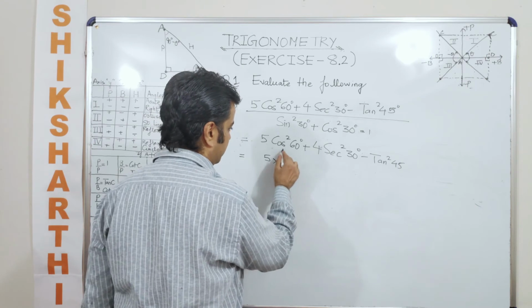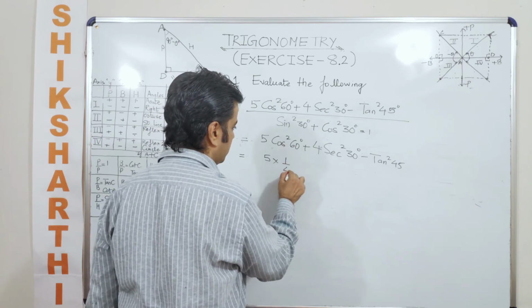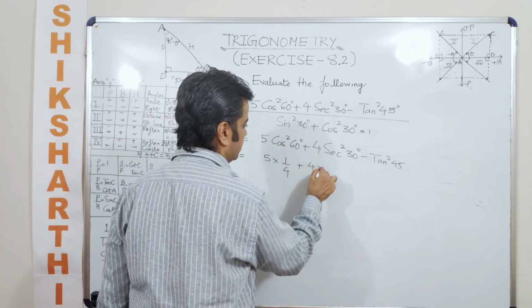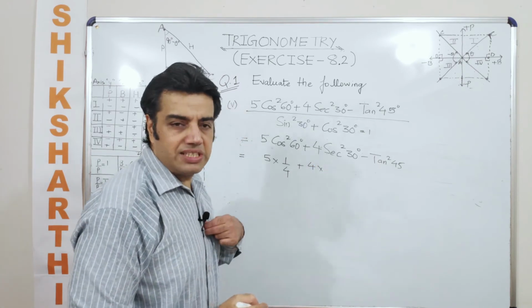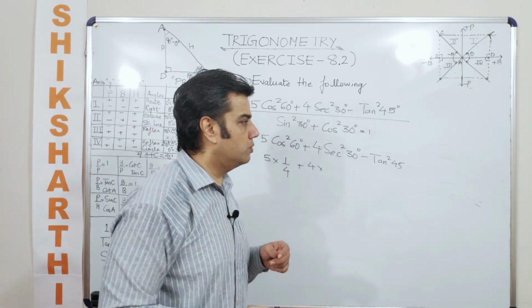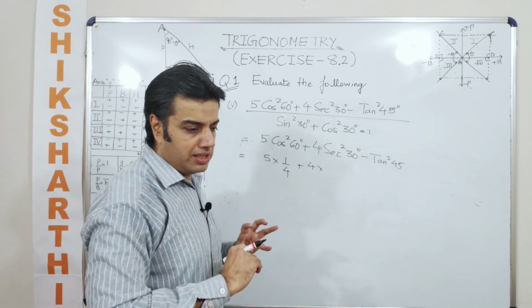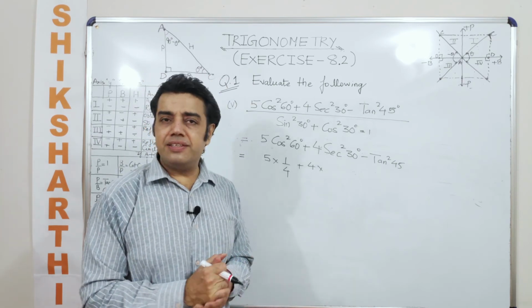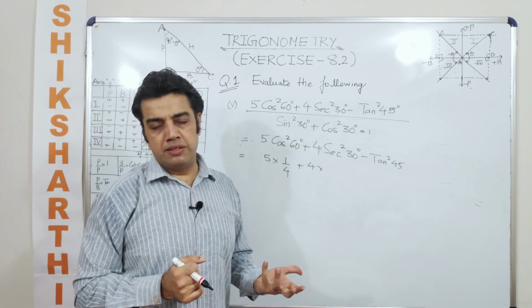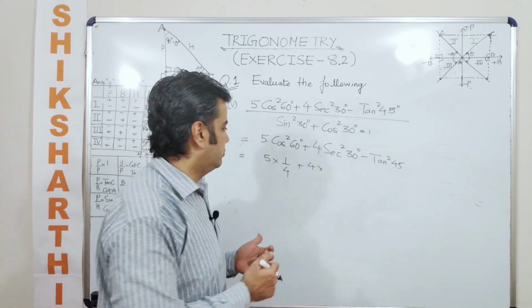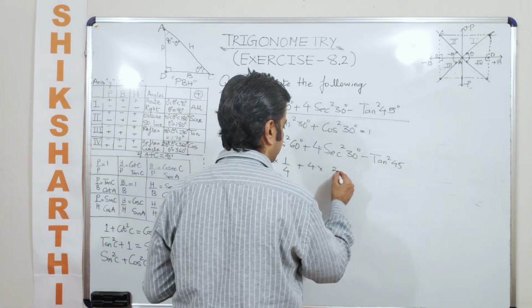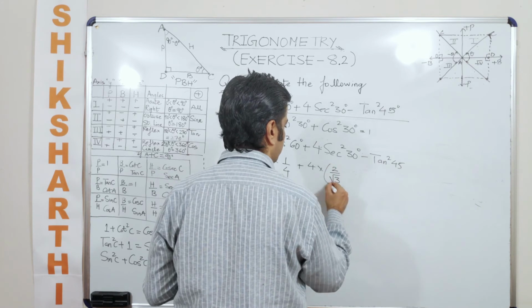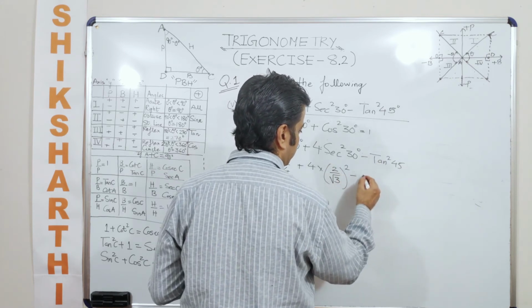Cos 60 is half, so half whole square becomes 1 by 4. Now plus 4 times sec square 30. How much is cos 30? Cos 30 is sin 60, which is root 3 by 2. And you need to take the reciprocal of root 3 by 2, which is 2 by root 3. So you'll say this is nothing but 2 by root 3 whole square minus tan square 45, which is 1.